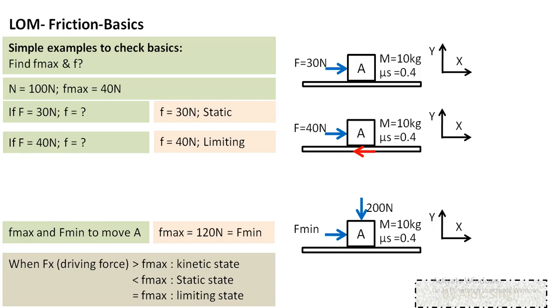If the driving force is smaller than maximum friction, it will be static state. Friction force will be equal and opposite to driving force, and it would be less than its maximum value. And if the driving force is equal to maximum frictional force, it will be in the limiting state. Acceleration is 0, friction force is equal to maximum frictional value.